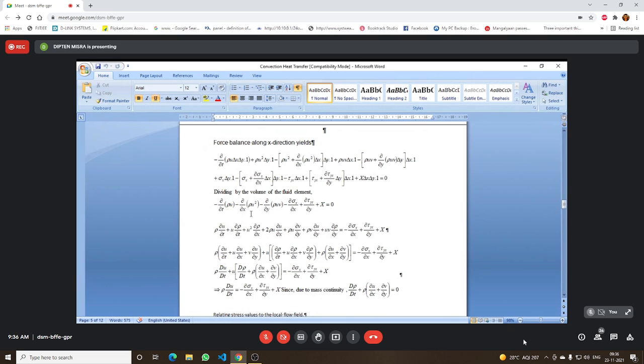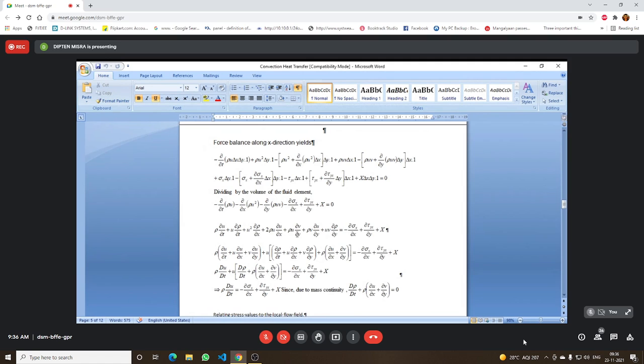Okay. And if we rearrange these things, if we differentiate this once with respect to rho, once with respect to u, then we get two terms out of this. Similarly, here also we get two terms. Here we get three terms, like that.